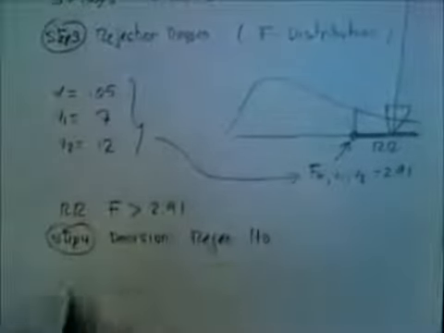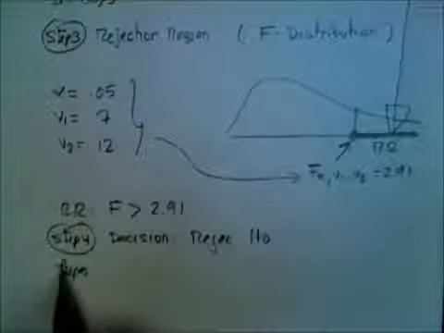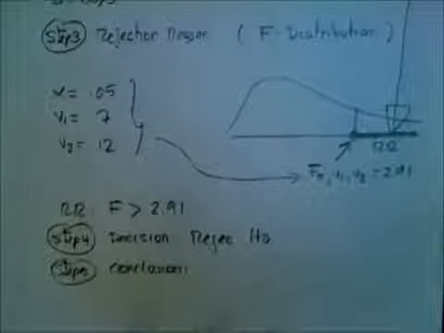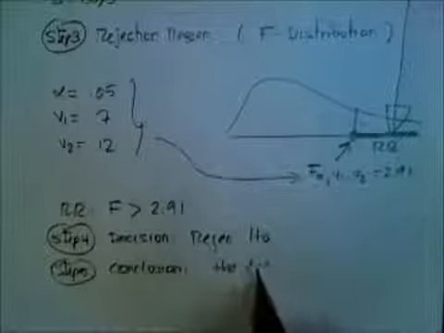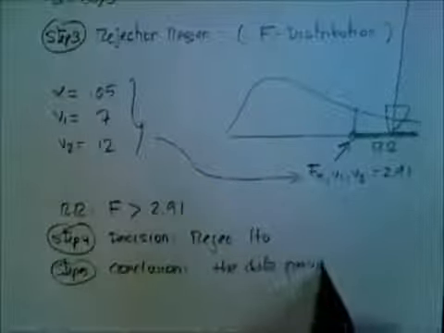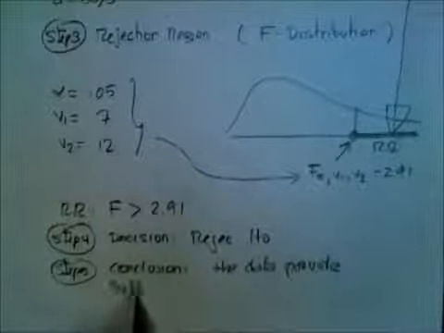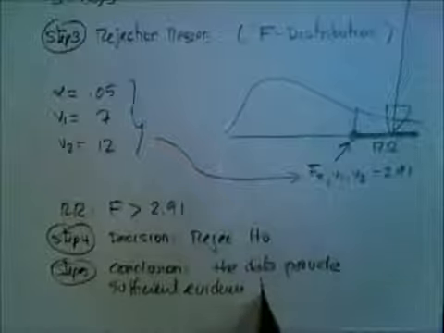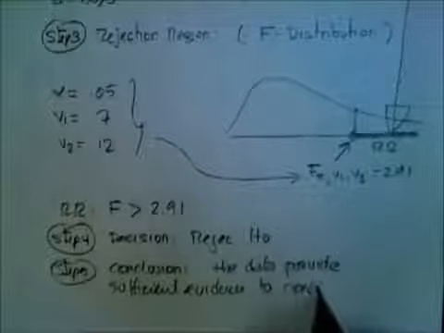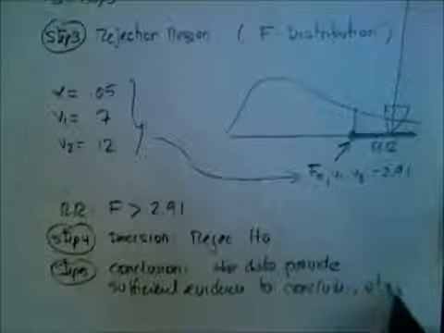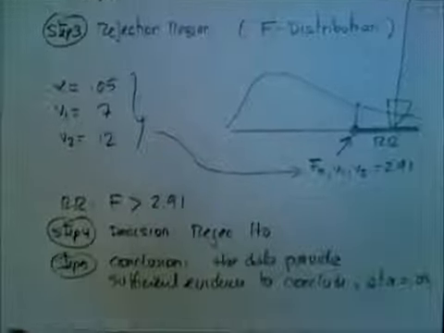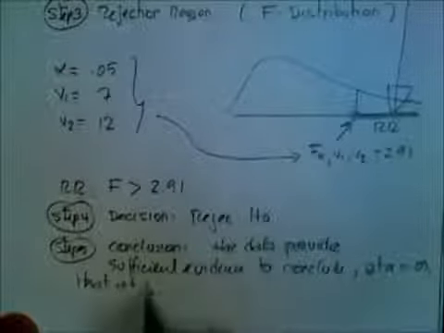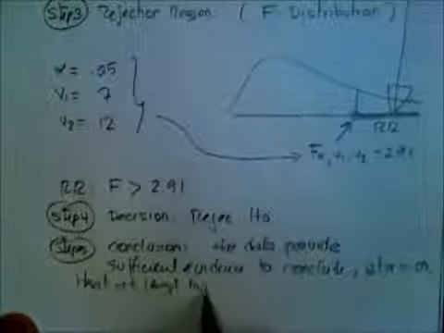And if we reject H0, our conclusion is going to be something along these lines. You're going to say the data provide sufficient evidence to conclude at alpha equals 0.05 that at least 2 treatment means differ.